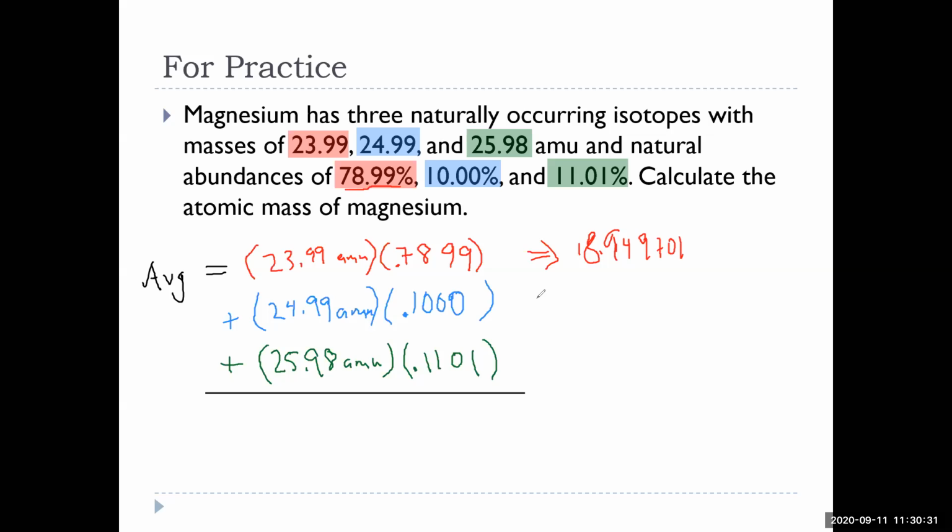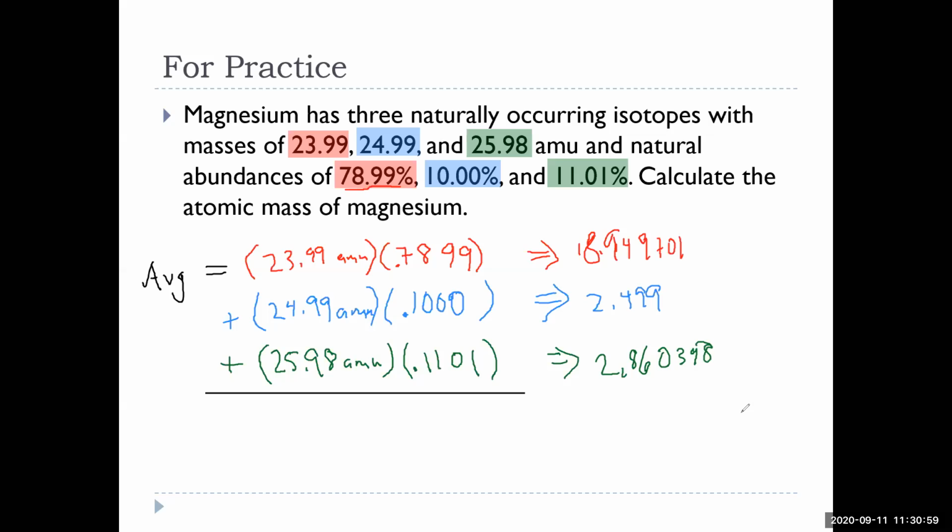Okay. Our second number, our calculator told us 2.499. And this third number, we had 2.860398. Great.